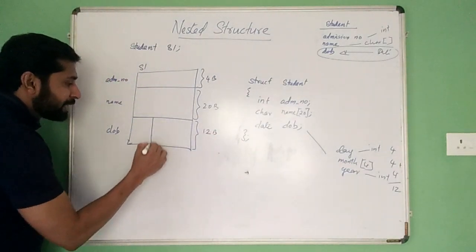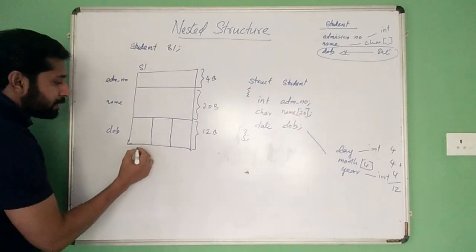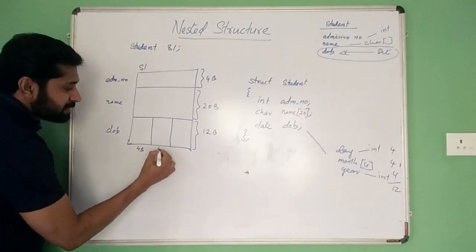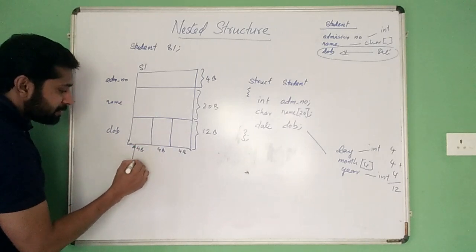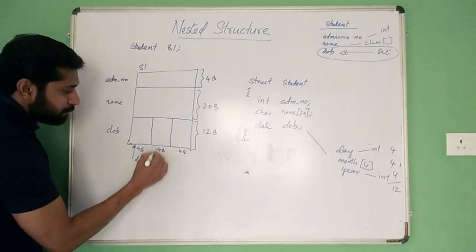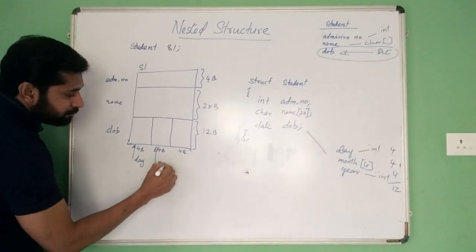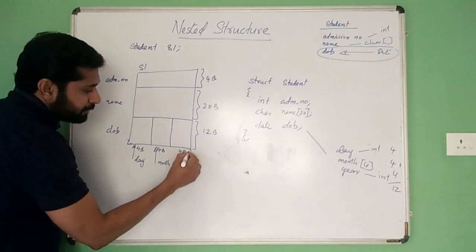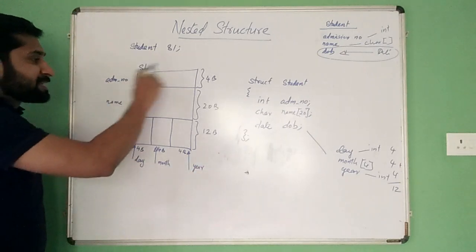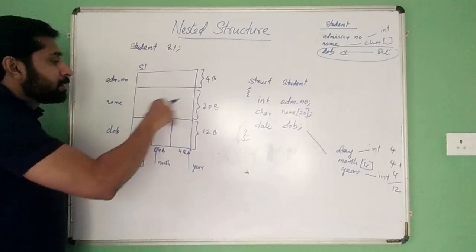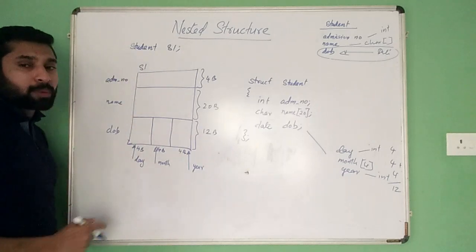This DOB will have 3 parts. This is 4 bytes, this is another 4 bytes, this is another 4 bytes. This part is day, this part is month, this part is year. So this is the memory allocation for S1.